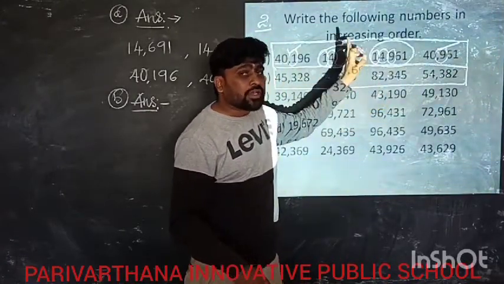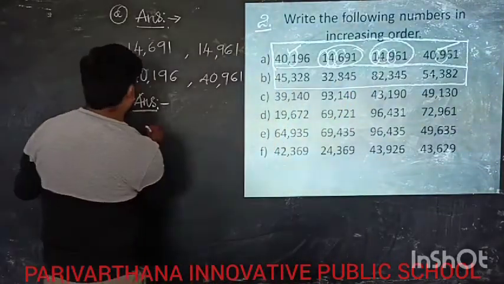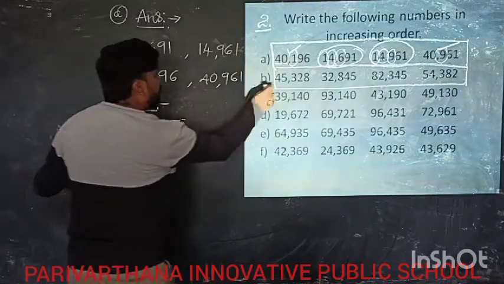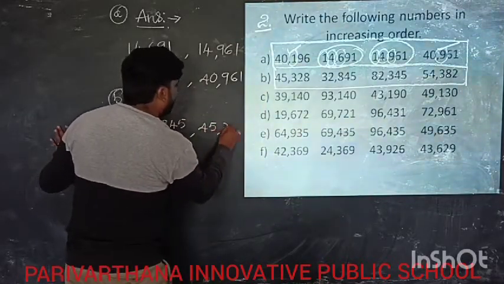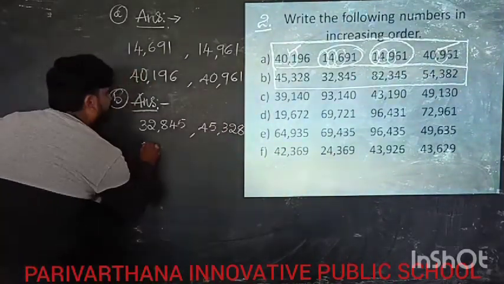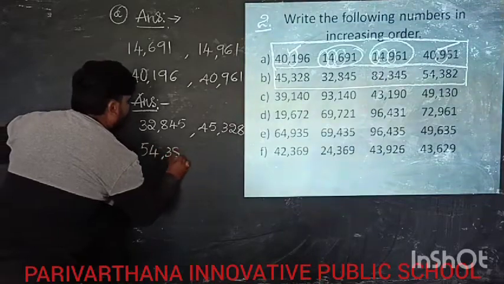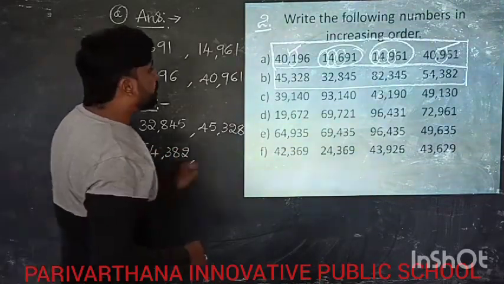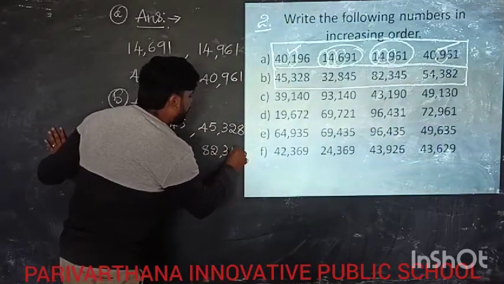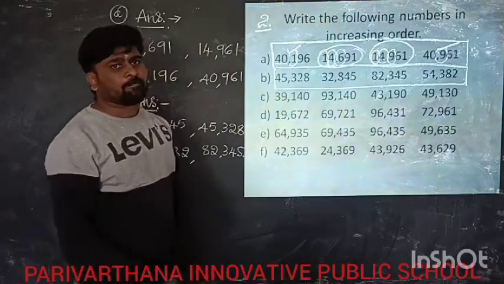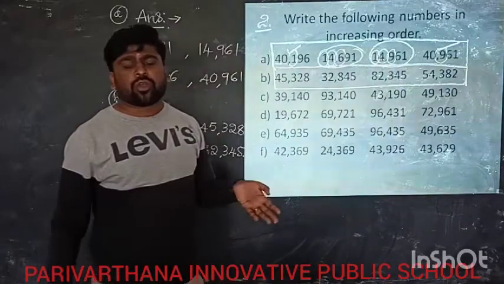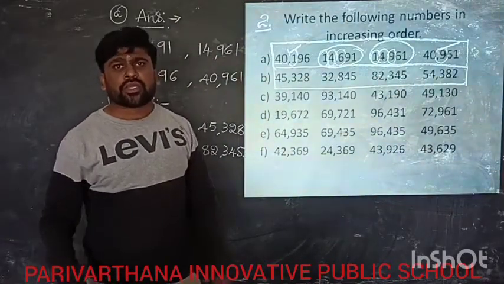By observing the 10,000 place, the first small number will be 32,845 and the second one will be 45,328 and the third one will be 54,382 and the last will be 82,345.